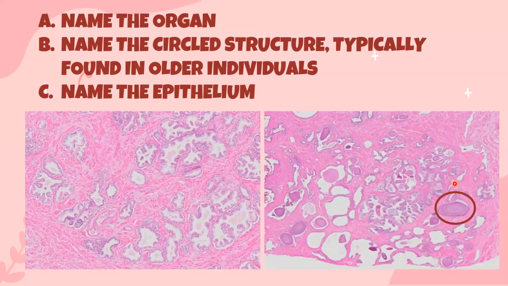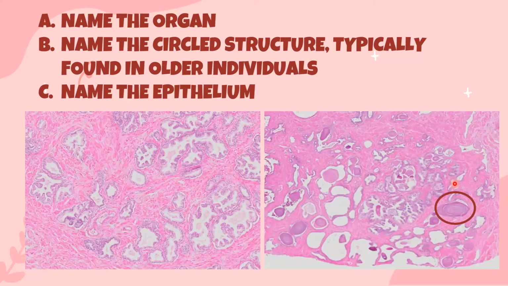What type of epithelium am I typically going to see in the prostate? Okay, so since the prostate is essentially a gland, I need a cell that is able to consistently produce and secrete a lot.